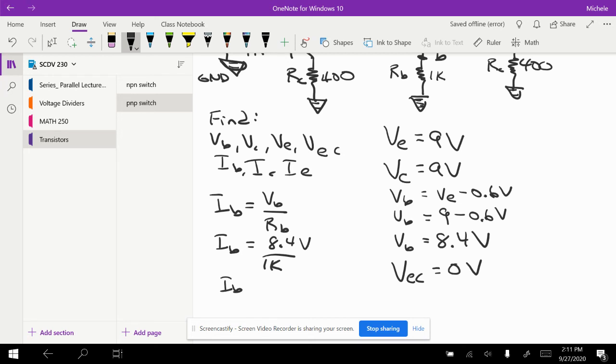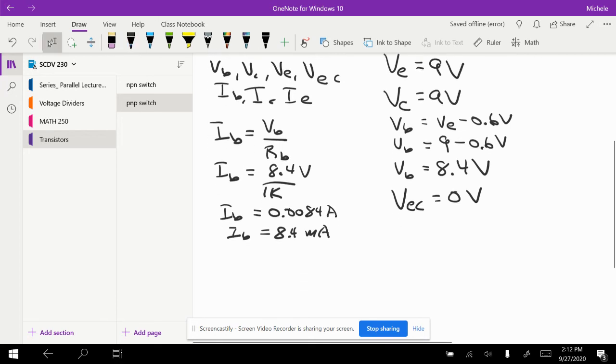And so IB is equal to 0.0084 amps, or IB is equal to 8.4 milliamps. I got a little voltage in there by mistake. Amps and milliamps. Okay, so we've got our IB.